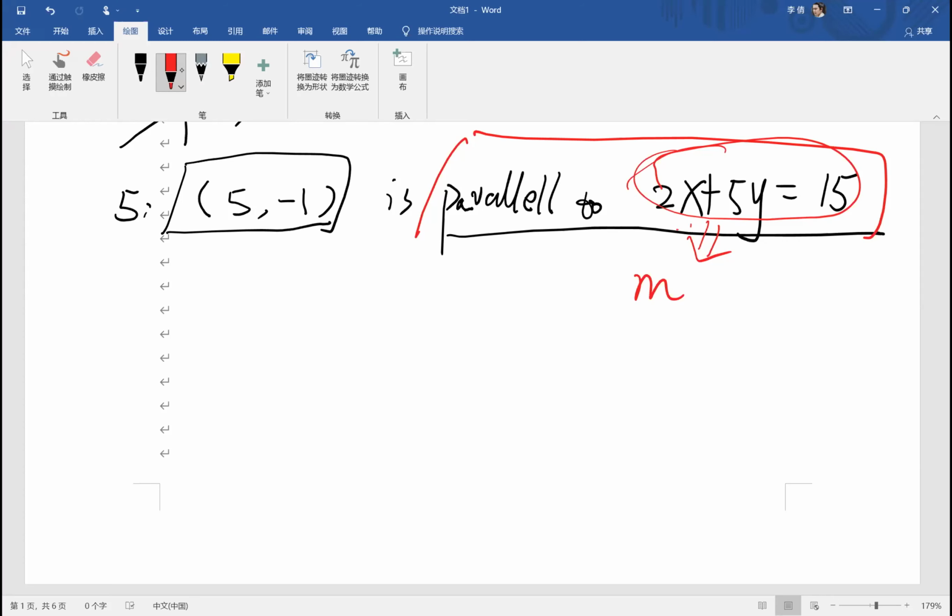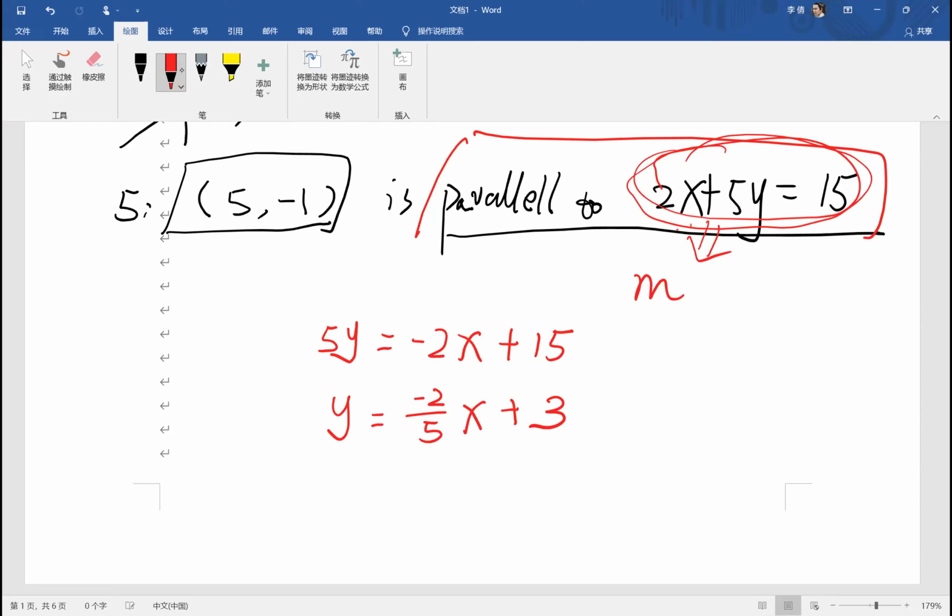From this general linear equation, we get 5y is equal to -2x plus 15, right? And then y is equal to -2/5x plus 3, right?